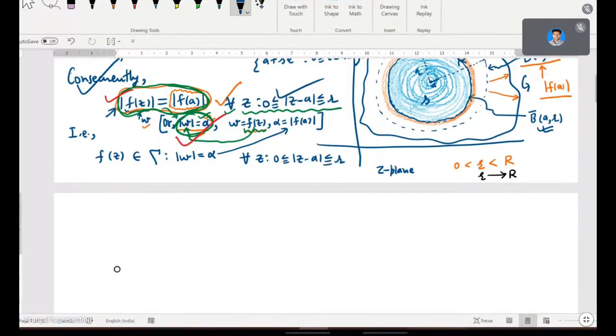So all those z's which are satisfying this condition, their images are lying on this circle. Is this okay?